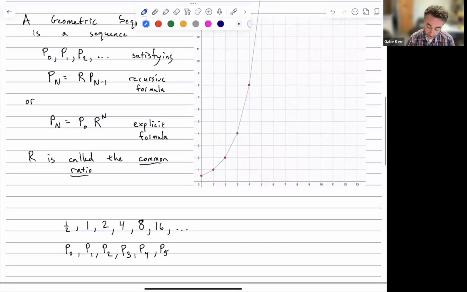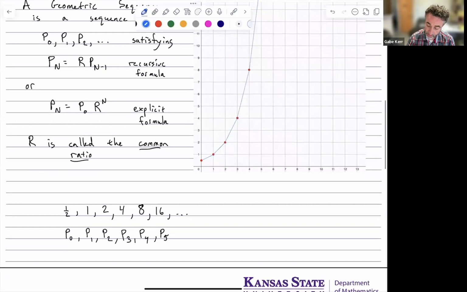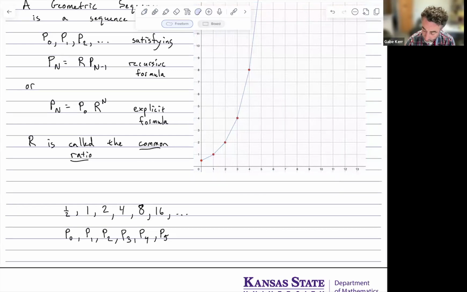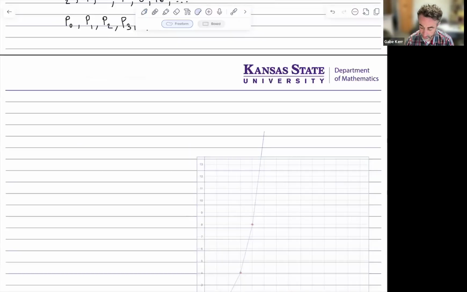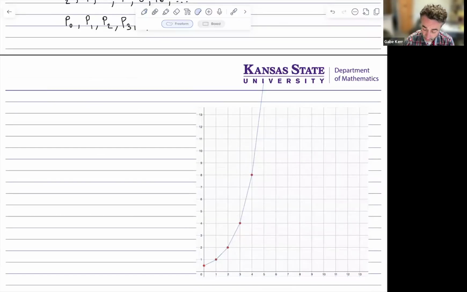So let's look at a similar situation, but we'll go to the following pictures. Let me copy this. So let's look at one more example before we move on.